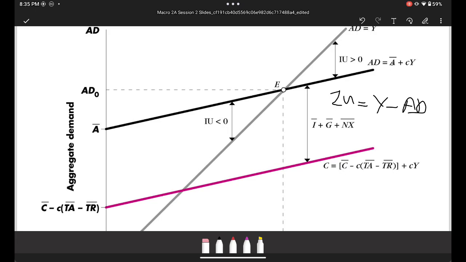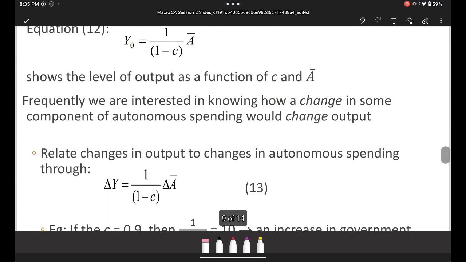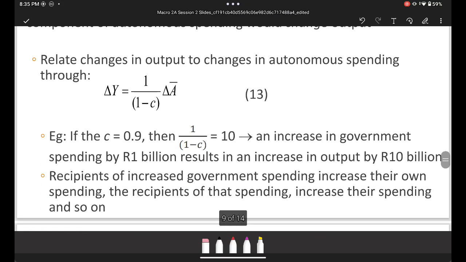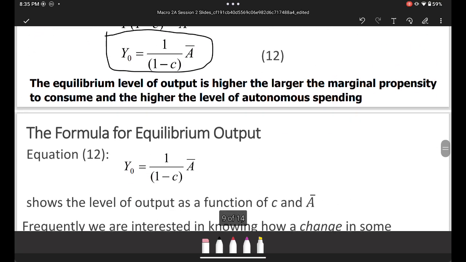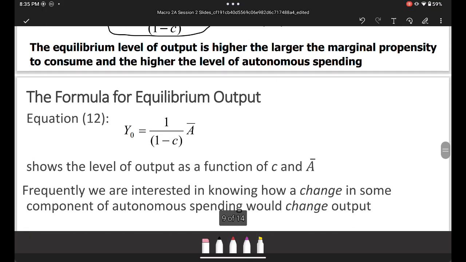Whatever this number is, you just times it by 1 over 1 minus MPC. Then you get what this value is. This is very important, right? Now this is the multiplier. Extremely important. It's very easy because you know how to find y0.